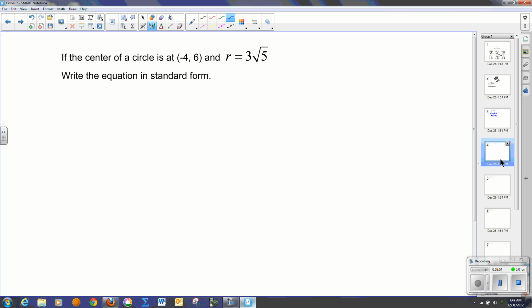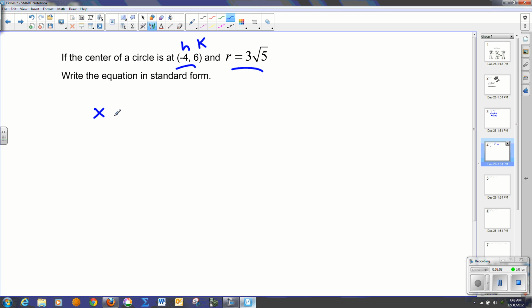Next, they give us a center and a radius, and they want us to write the equation in standard form, so that's just going the opposite direction. I know that this is my h value and my k value, and r is given to us. So I know I have x minus h.